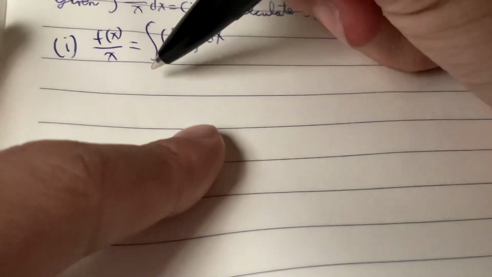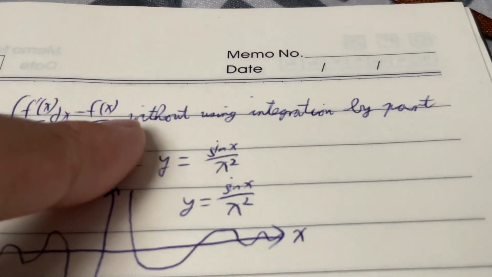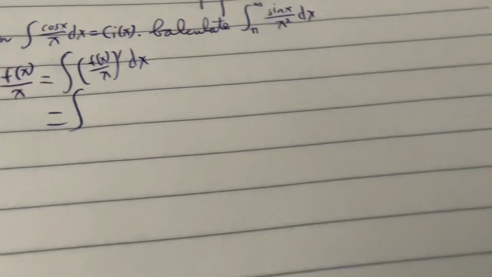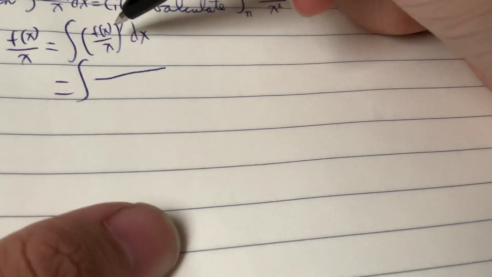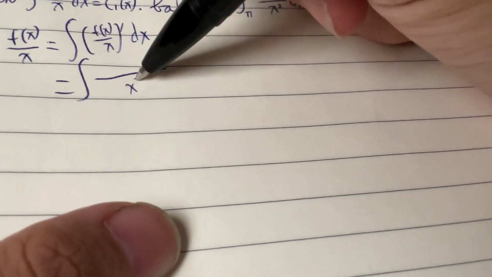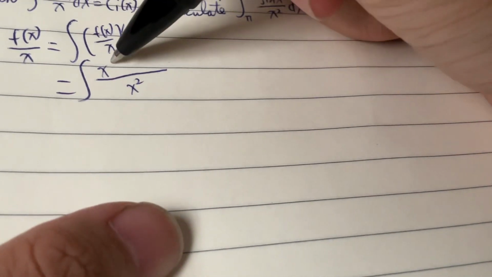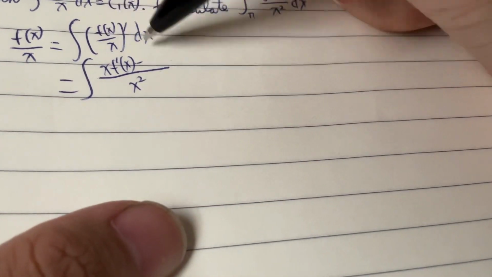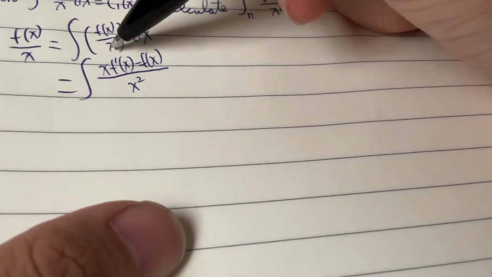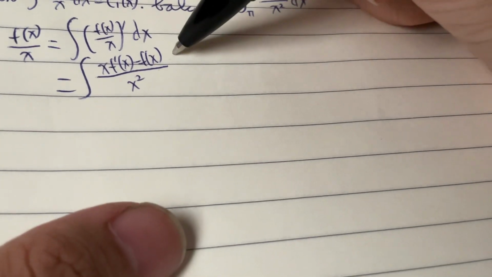The question says we cannot use integration by parts, but we can use the product rule in our derivative. First, you square that x squared, and then x times the derivative of f of x, which is f prime x, and then we subtract f of x multiplied by the derivative of x, which is just 1.